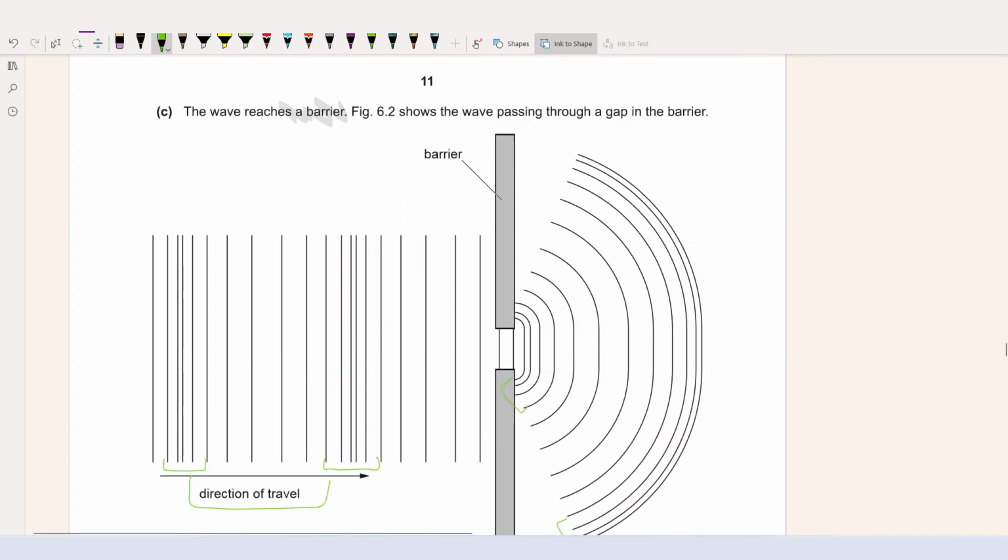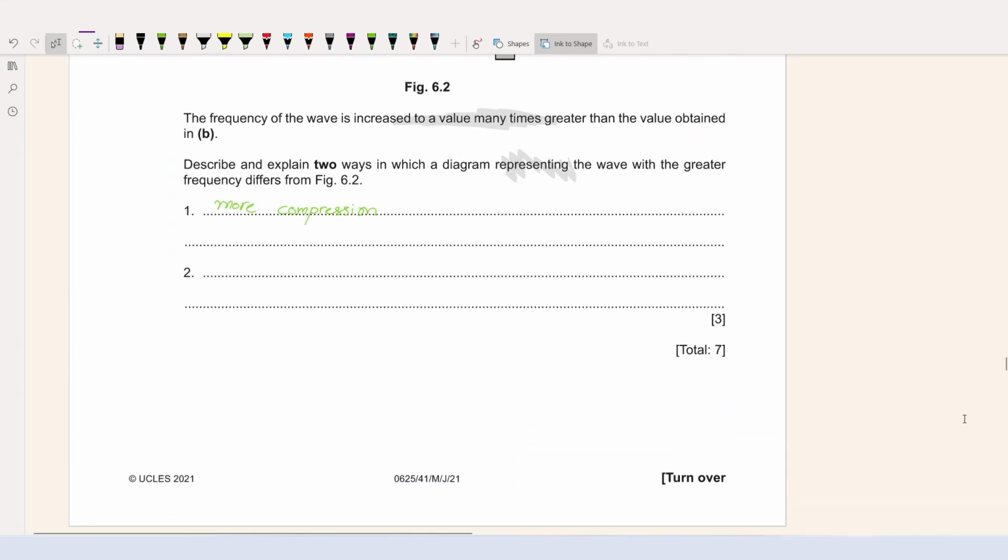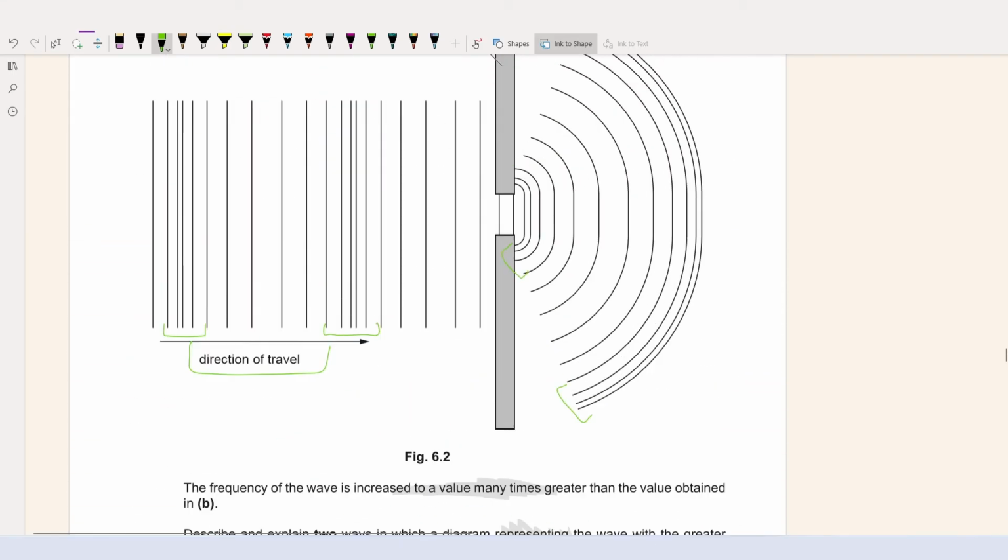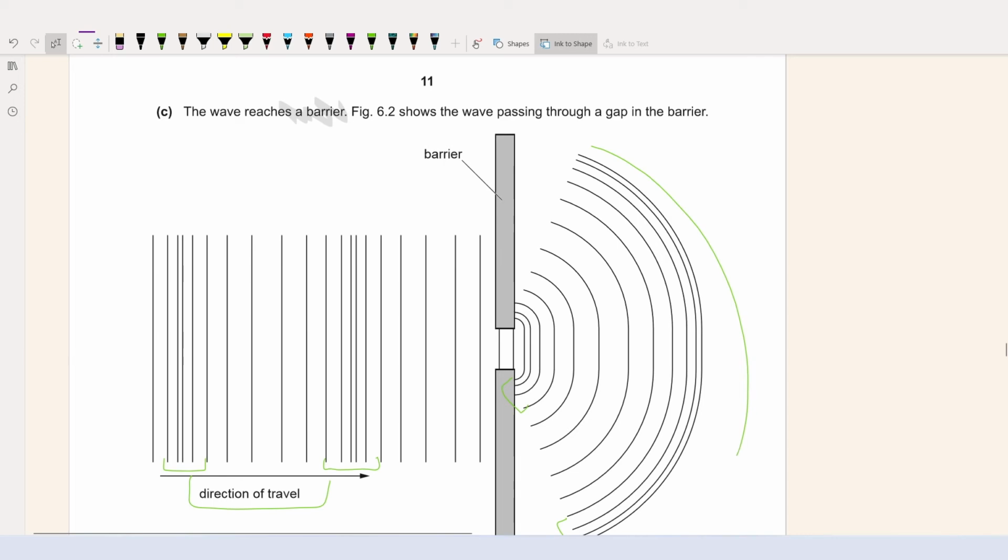And the wave is spreading on the right side, so we can say spreading out on the right side. We can see that the wave is spreading here, right? That's what we write for the second part.